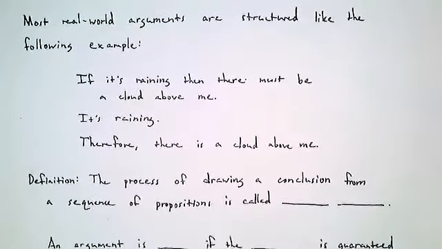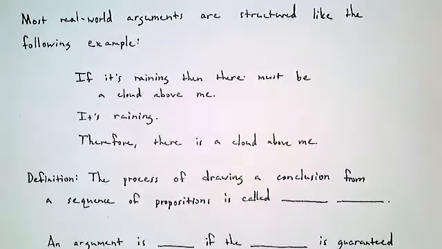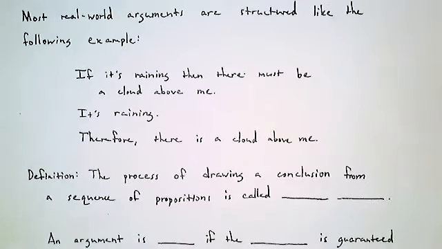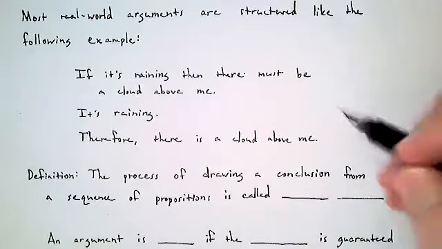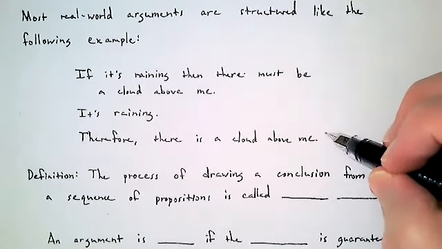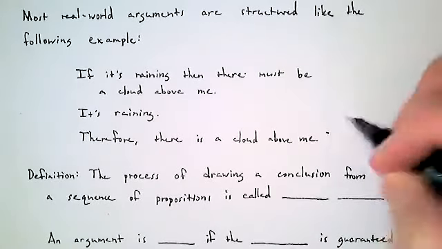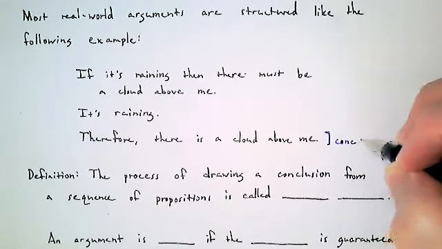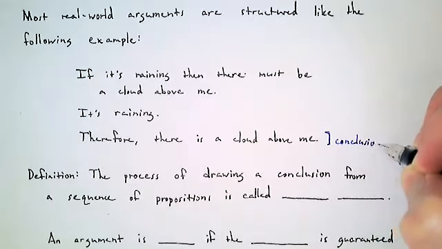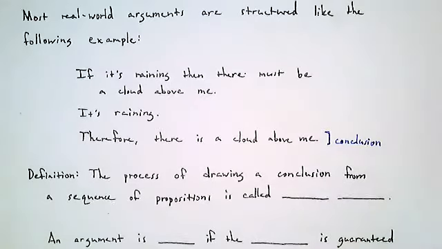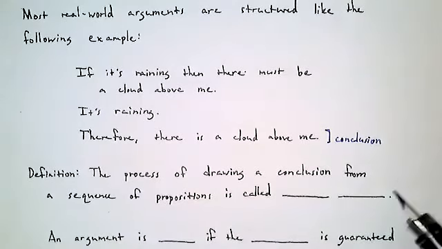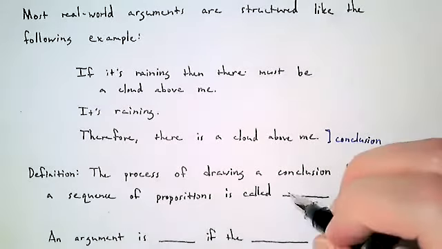But this kind of formal structure, this process, let's say, of drawing a conclusion, so drawing the conclusion that there's a cloud above me, has a name. The process of drawing a conclusion from a sequence of propositions is called deductive reasoning.